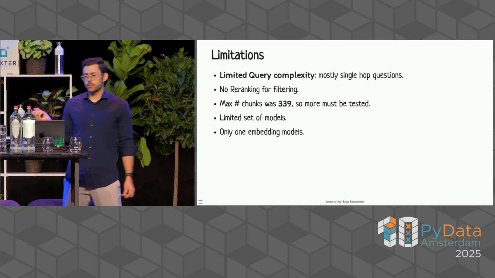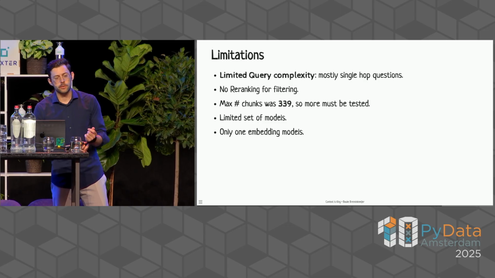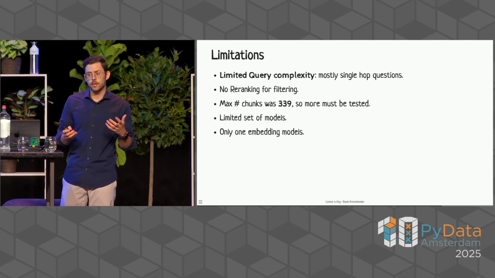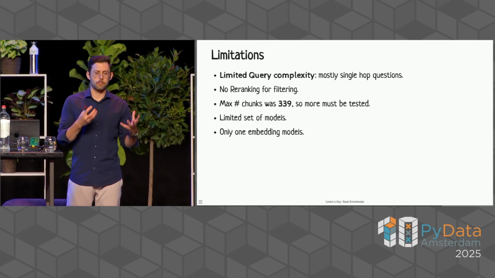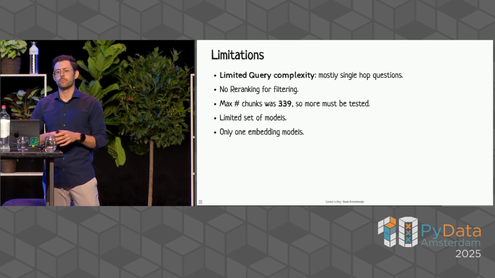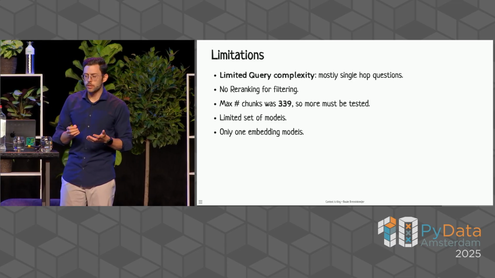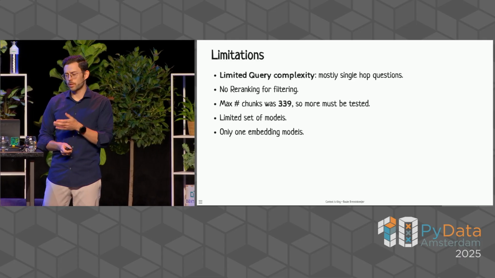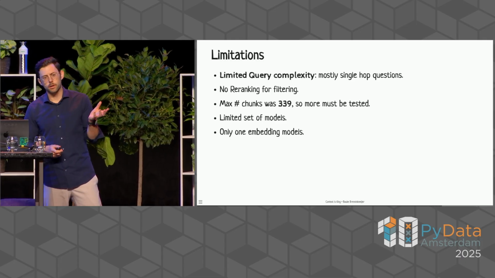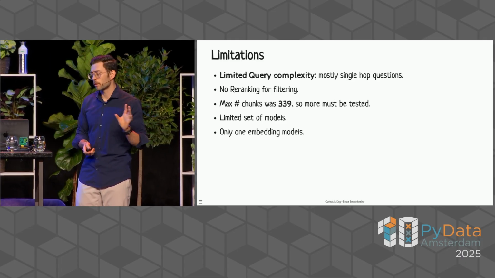Some limitations. The query complexity here was kept intentionally limited because I didn't want to fall into the trap that my questions were too complex and it wasn't performing as a consequence. So the questions were kept fairly simple. I didn't apply re-ranking for filtering, which is not so much a limitation, but rather a different direction of research that I think is interesting.